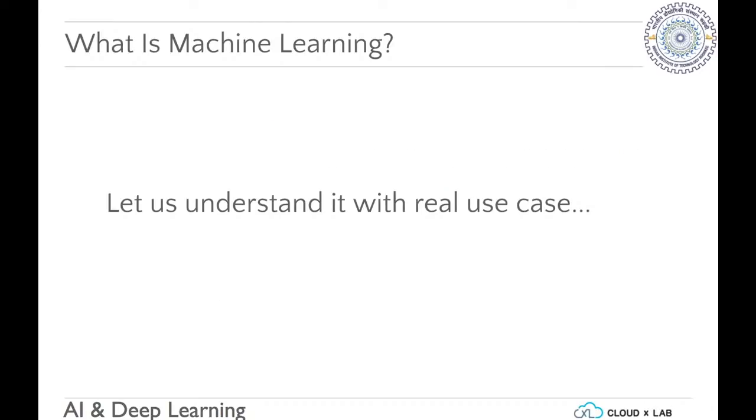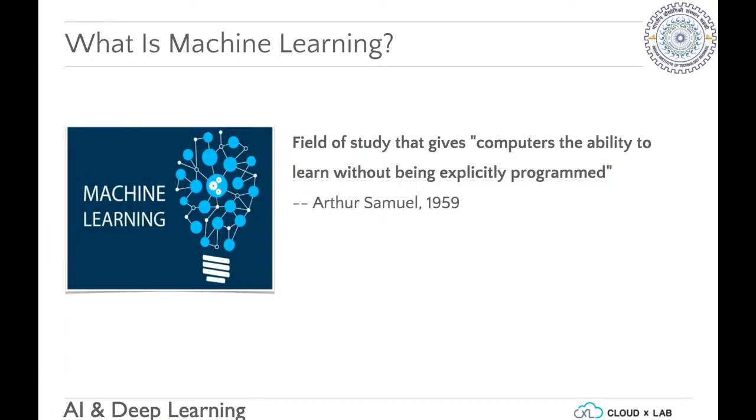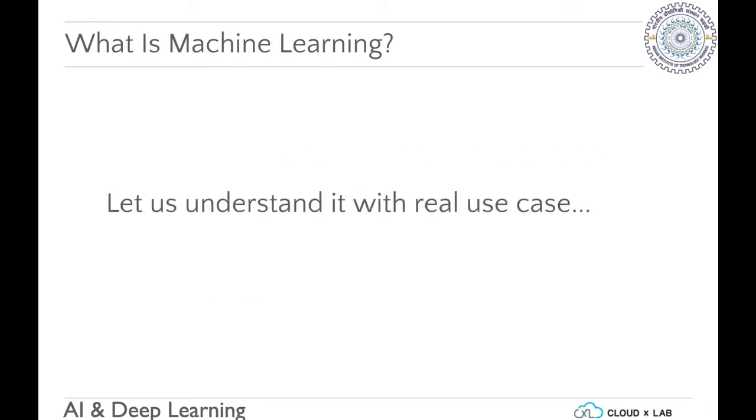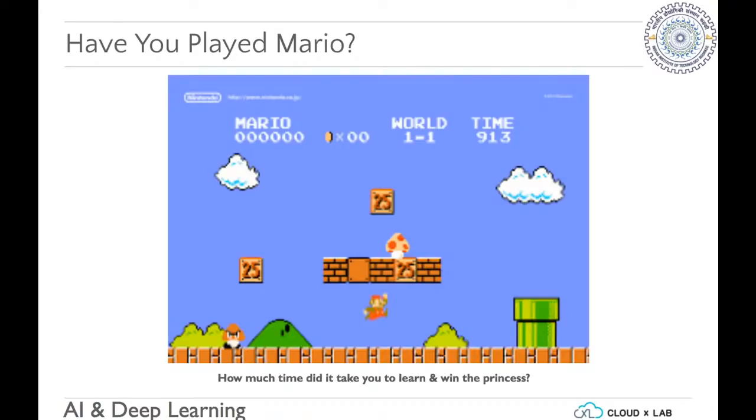Now, this definition might sound good and you might have understood it, but let's take it with a real use case. Again, I'm going to take an example of Mario. When you play Mario, what happens, right? There is an environment and you press keys, observe the screen, and then you try to gain the score, right?